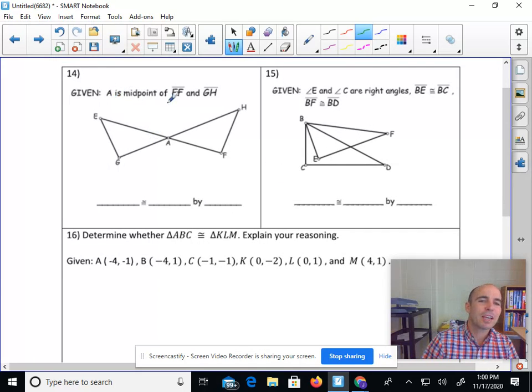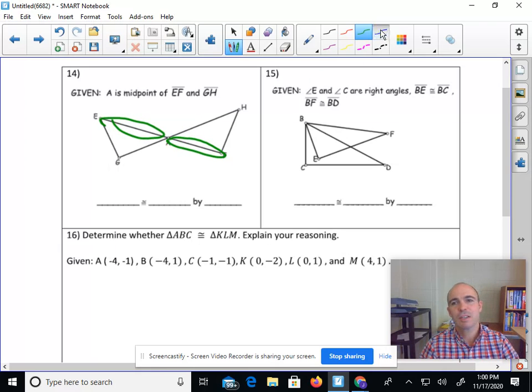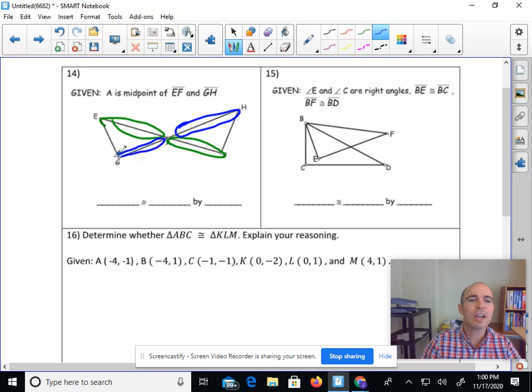Okay, here, A is the midpoint of EF and GH. All right, so A is the midpoint of EF and GH. So that kind of tells us two things. That tells us something about how these two segments relate to each other. It tells us something about how these two segments relate to each other. But the thing is, you don't have enough yet.